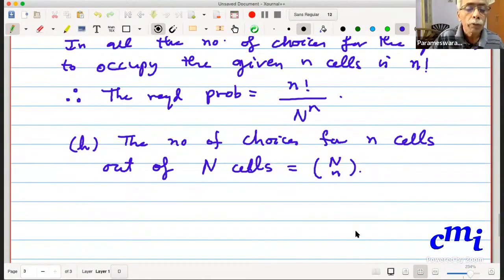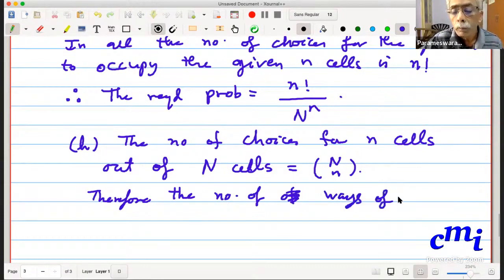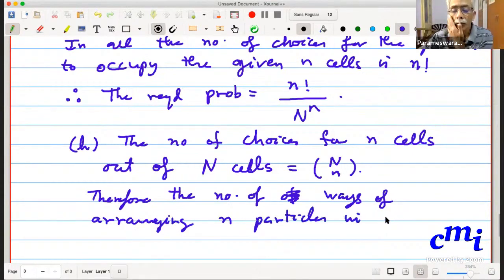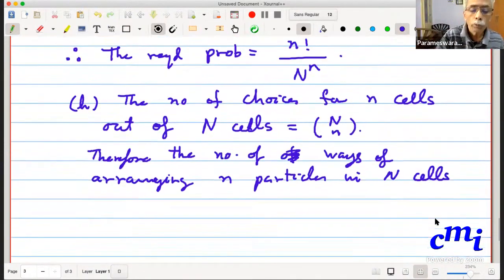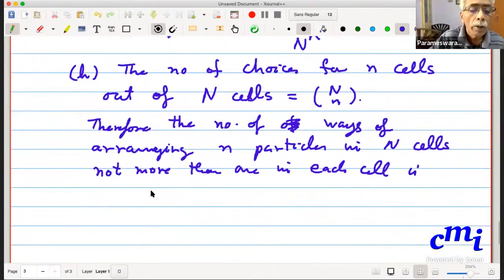Therefore, the number of ways of arranging n particles in N cells, not more than one in each cell, is you just choose the n cells first and then do the first problem: N choose n times n factorial by N power n.